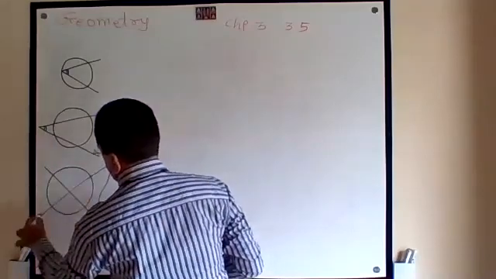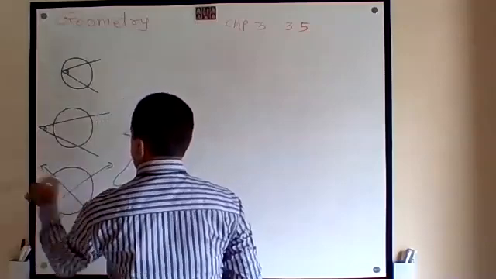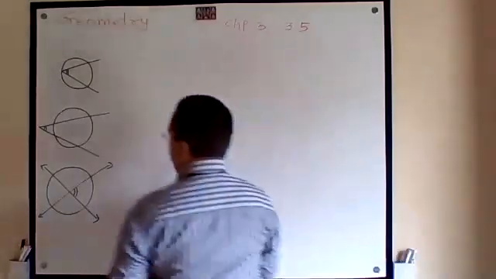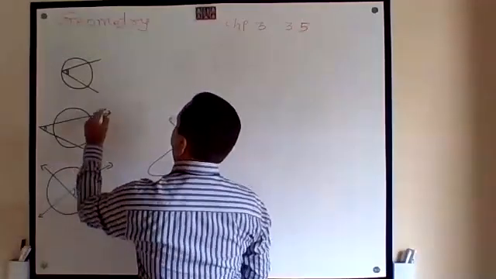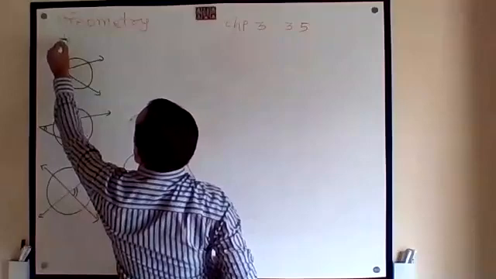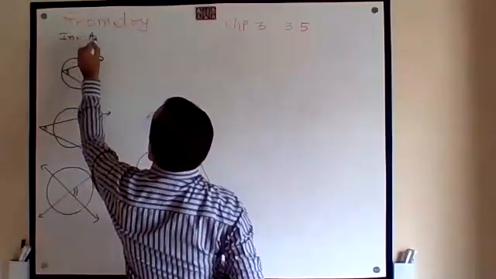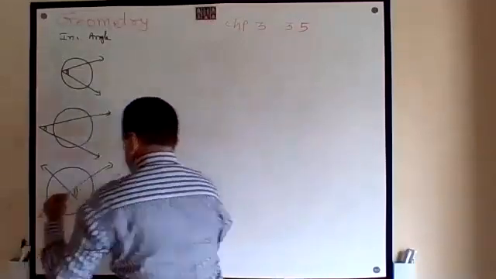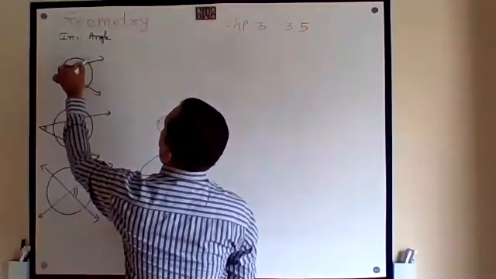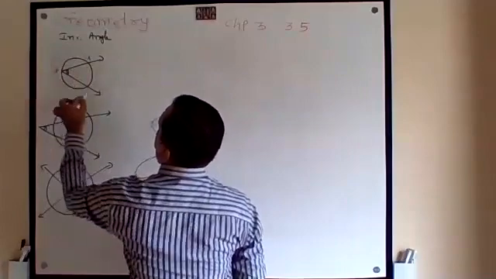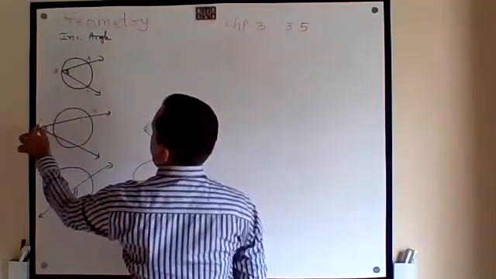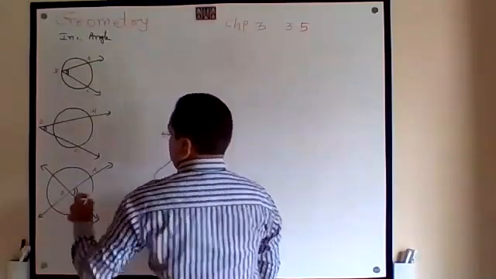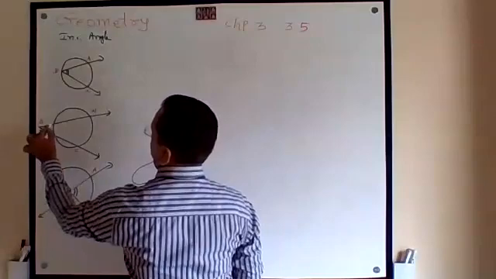Inscribed angle inside the circle. So I will give all the names as ABC. Here also ABC. Rest of them D, E.